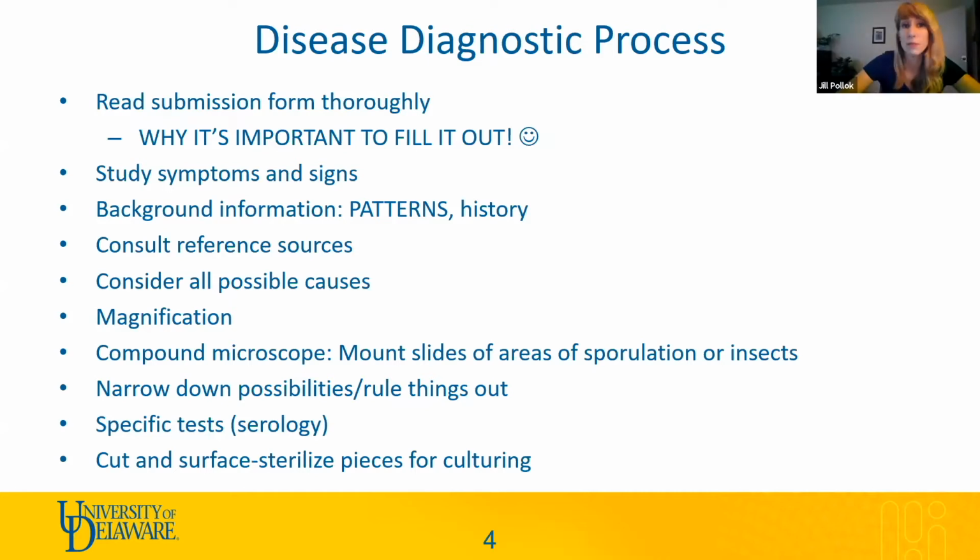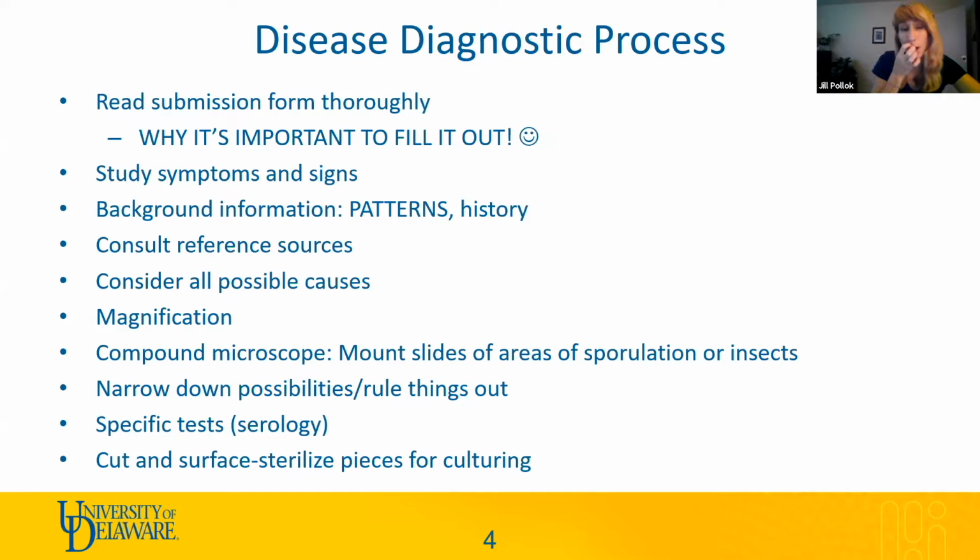I study the symptoms and signs on the plant, and I'll go into that more later. I look for any background information, any patterns in the fields or in the plant, site, history of the site. I consult reference sources, what diseases the certain host is susceptible to. I consider all possible causes, and then I take the plant under my dissecting microscope and look at it.